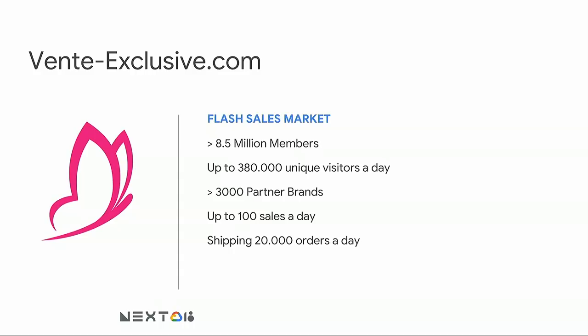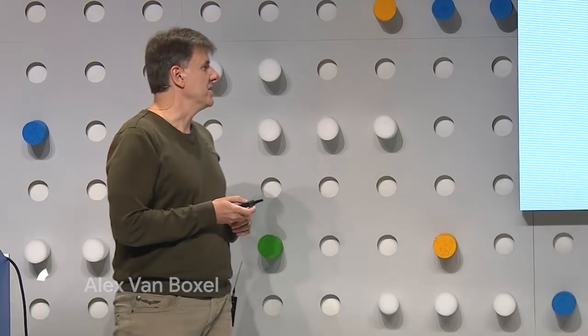What does that mean? Every day we have 100 sales open and close. On average, a sale is open for around a week. As soon as that sale closes, the goods are ordered from the suppliers and shipped to our customers. So it's not next day delivery in general.